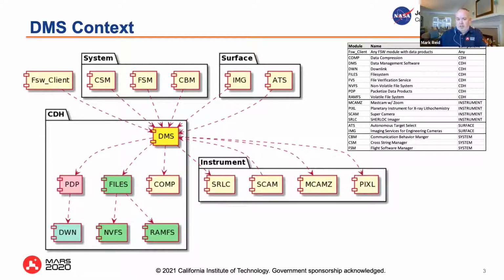Other instruments would be viewed as flight software clients in the upper right corner. The reason I specifically called out the instruments on the lower side is that those instruments get some special handling as far as how they store their data products. So this is sort of the big 30,000 foot view context with a lot of interacting modules. So let's go on to the next chart.